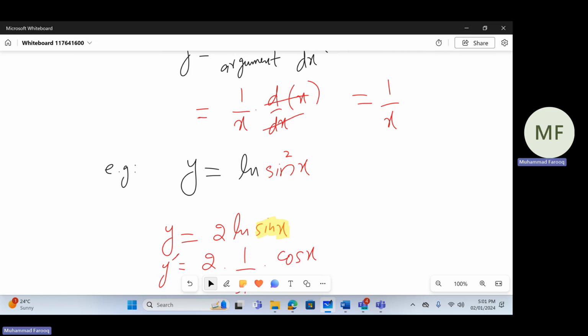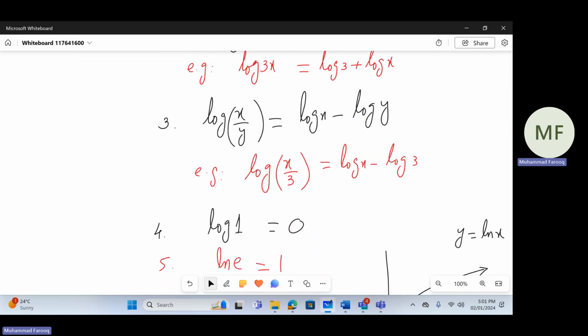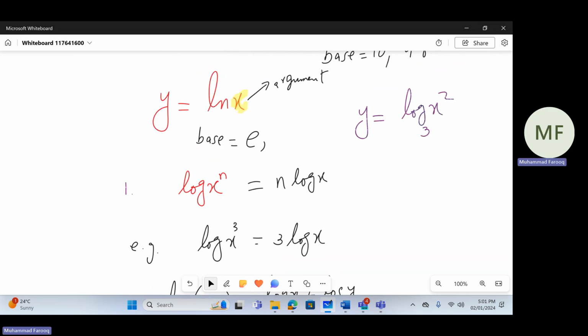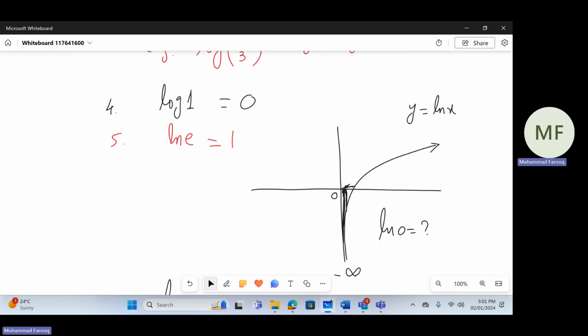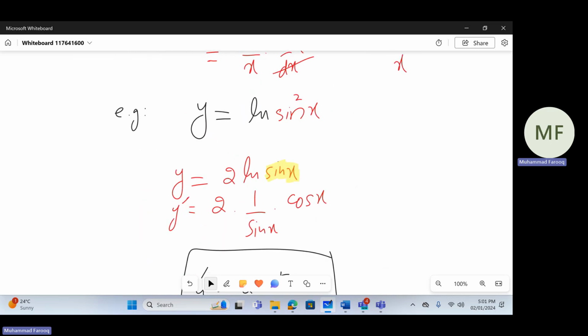Property? Okay, look at here. In this question, please tell me, what is the argument? Sine square, or you can say sine x with power 2, right? We just learned some properties here. This first property: if the argument has a power, the power can come down. Because our argument is sine and it has a square, it has power 2, what we did by the first property is bring the power down. Is that clear?